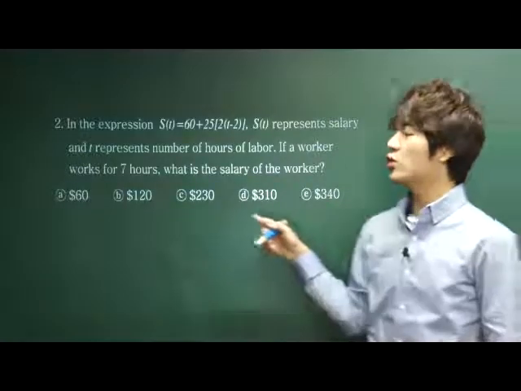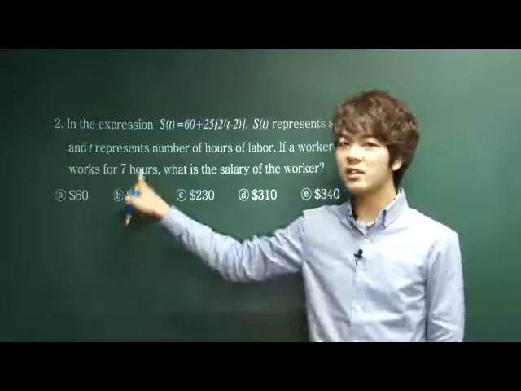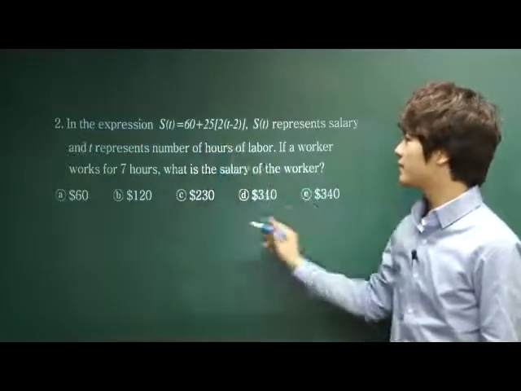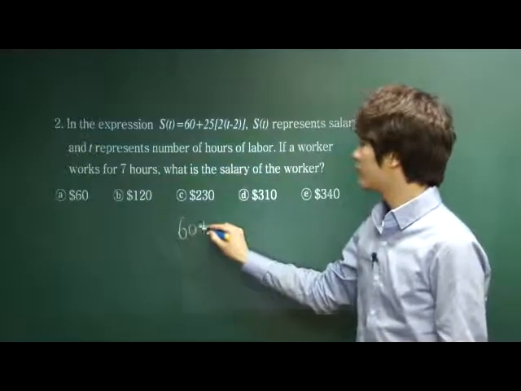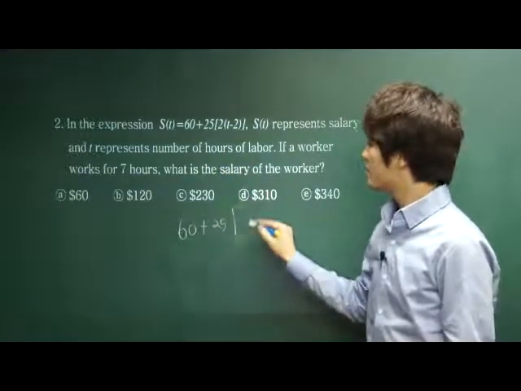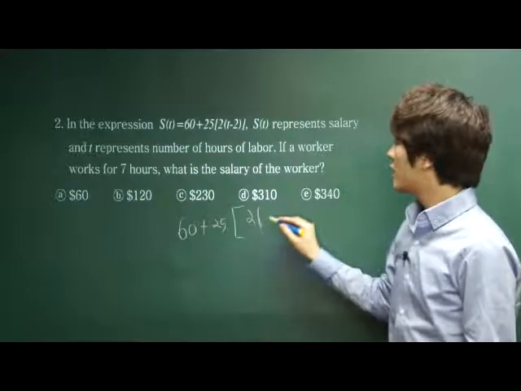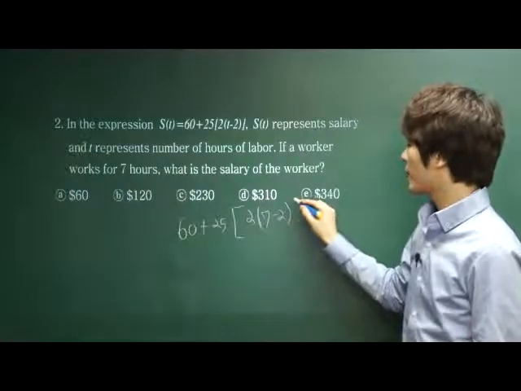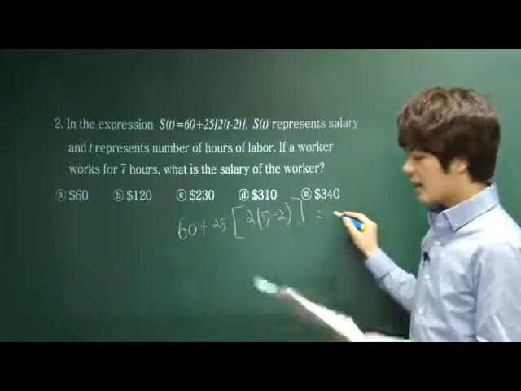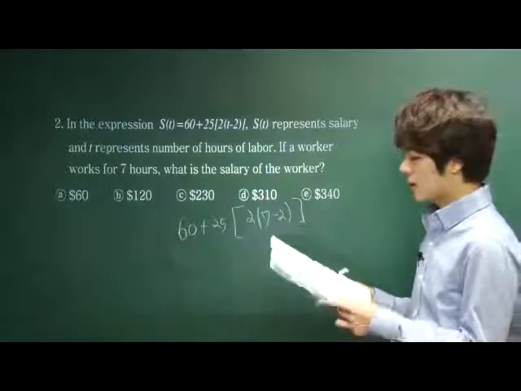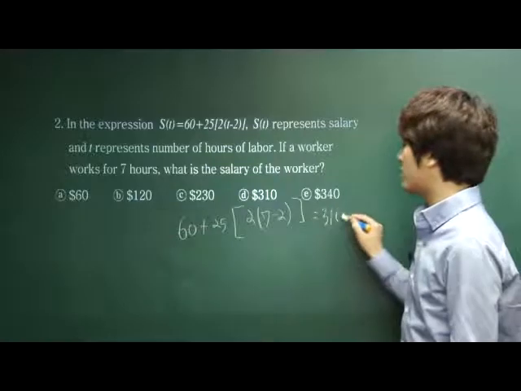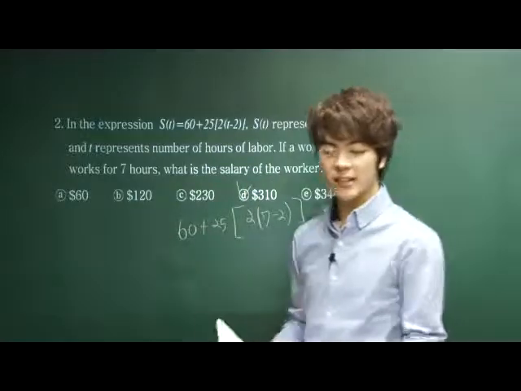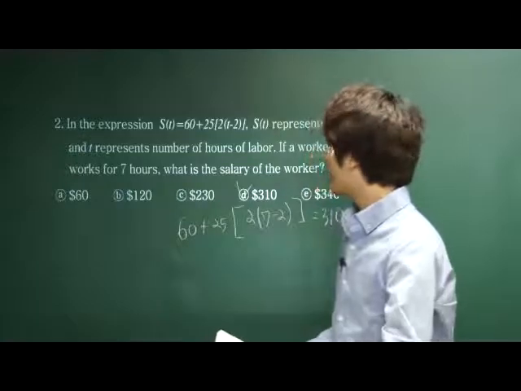You can simply put 7 in place of t, and if you do that, 60 plus 25 times 2, you put 7 in place of t, so minus 2, you will get $310. So the answer should be $310. Fairly easy questions. Let's move on to number 3.